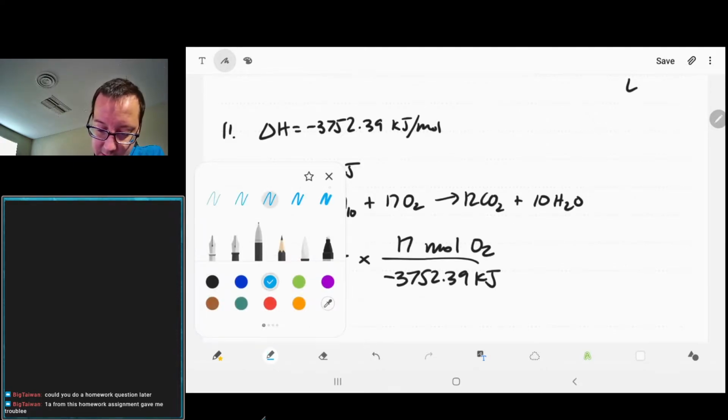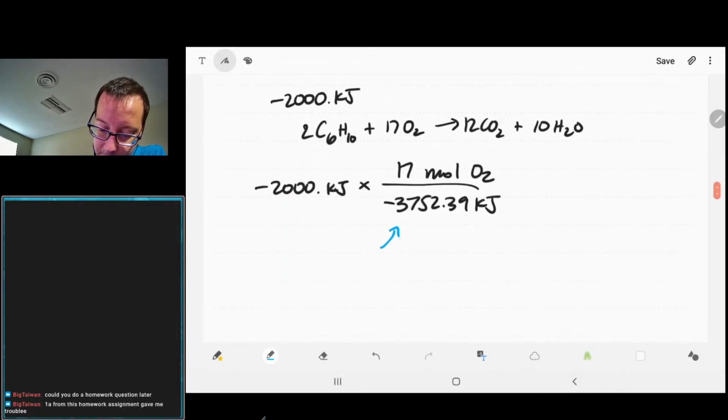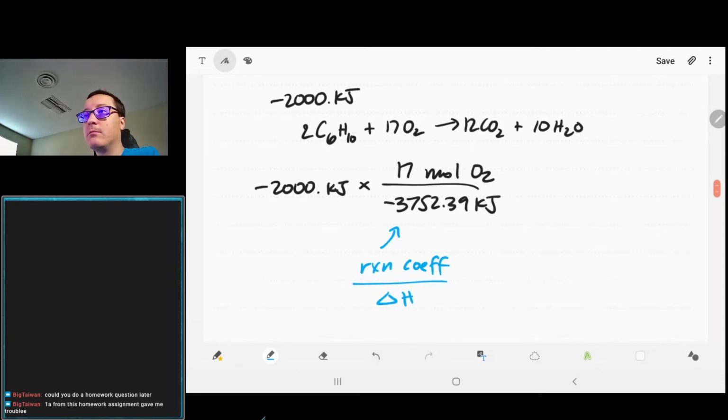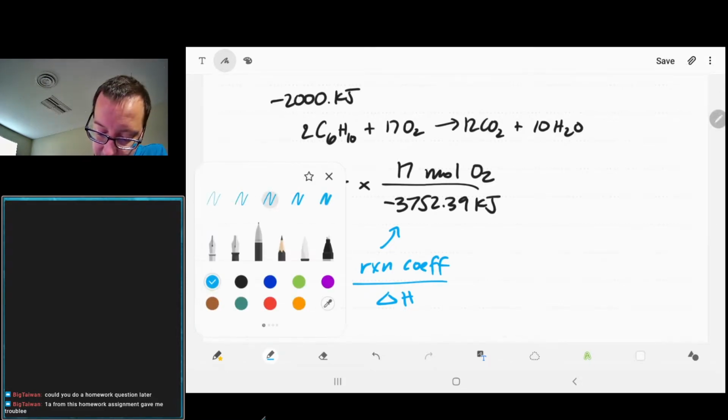Remember, this is just our reaction coefficient over delta H. And then we're looking for grams of oxygen. So we will need to do grams. This will give us moles right here.